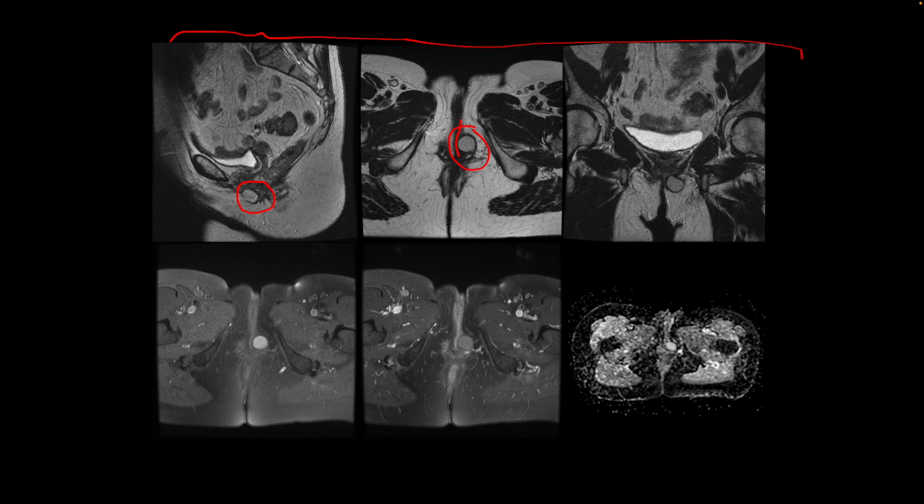And on the contrast enhanced images, we find that there is no contrast enhancement. There is T1 hyperintensity inside the cystic focus, suggesting proteinaceous content. And we have here on the bottom right ADC image showing high signal, which suggests no restricted diffusion. So there is no pus inside, and there is no evidence of malignancy. So this is an example of MRI appearance of a Bartholin gland cyst.